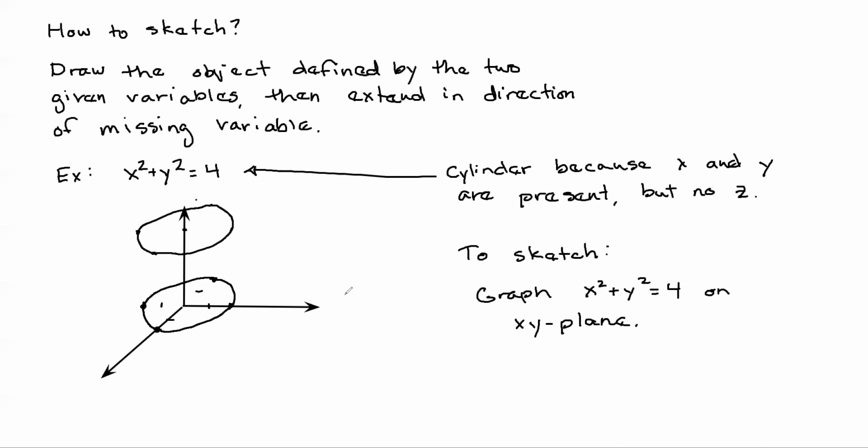Once you've drawn it a second time, you can use some connecting lines to show the fact that it's extending. I'll usually draw them through the points that I plotted, so I plotted points here and here, here and here, here and here, and backside.